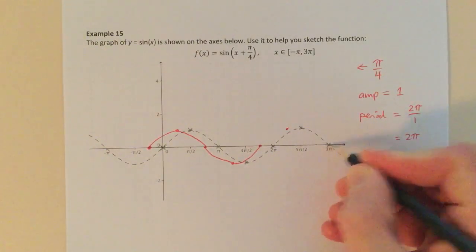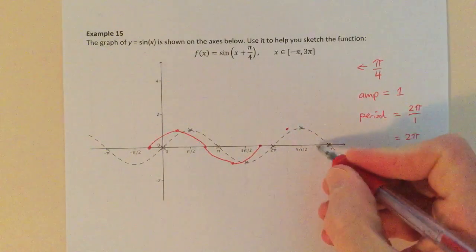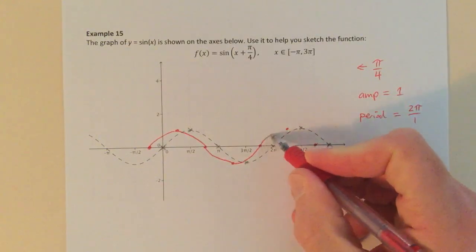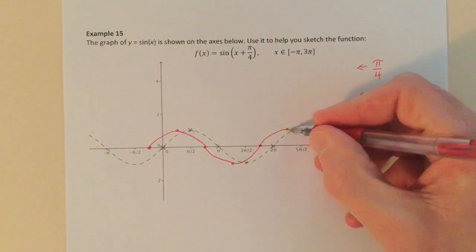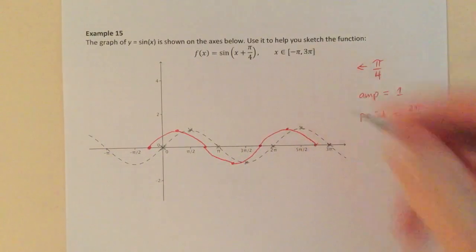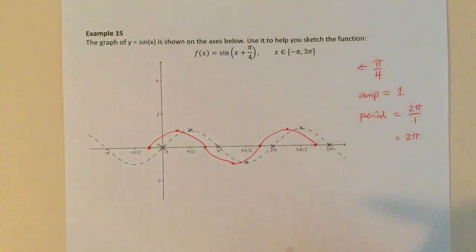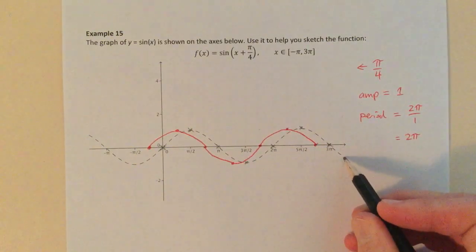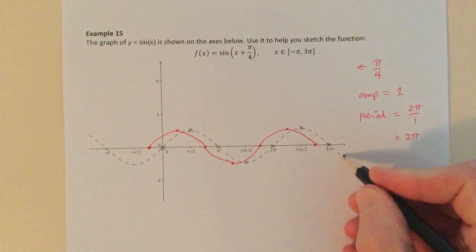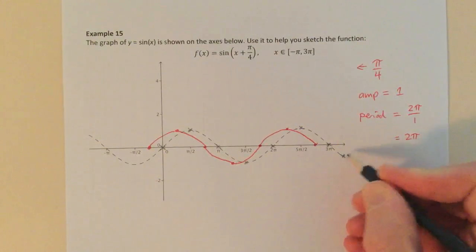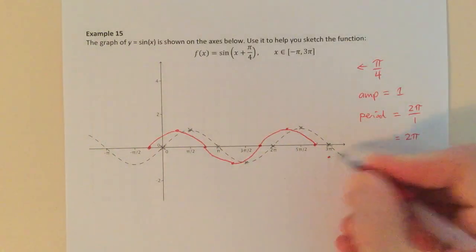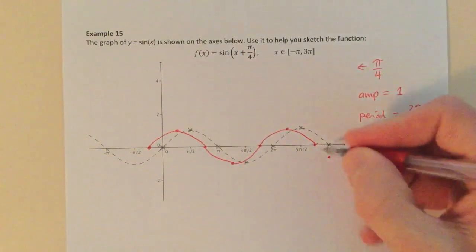So this x-intercept at 3 pi is going to shift over to here. Right, we can keep filling in our curve. Now, let's see. So this point here, when we translate it, doesn't look like it's going to be quite at the minimum. This will be our end point because that's the one that's going to map back to 3 pi.